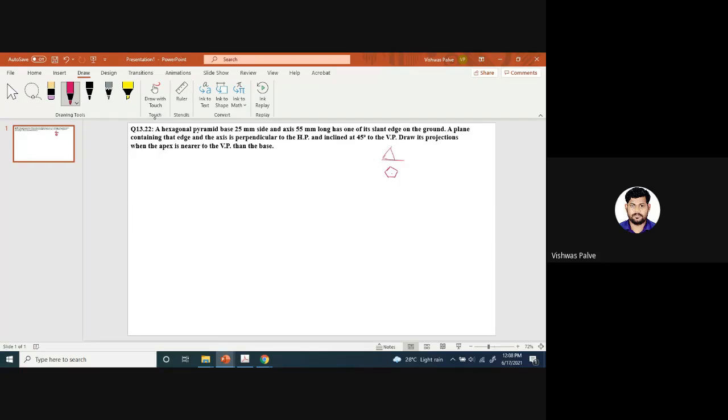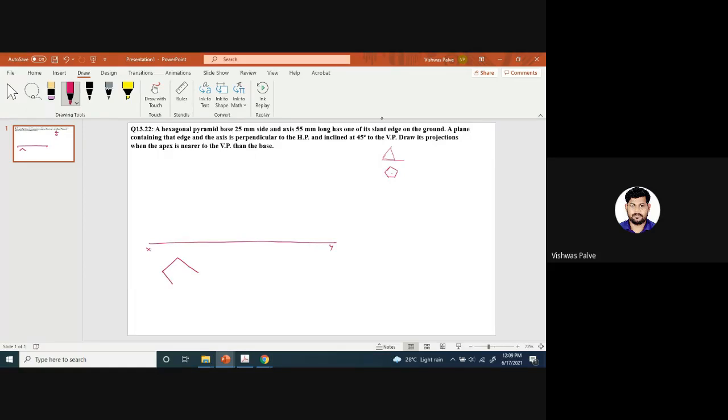Now, it is going to rest on one of its slant edges, so there are two resting conditions. First of all, this is my horizontal XY line, and the object is going to rest on one of its slant edges. So there are two or three resting conditions.